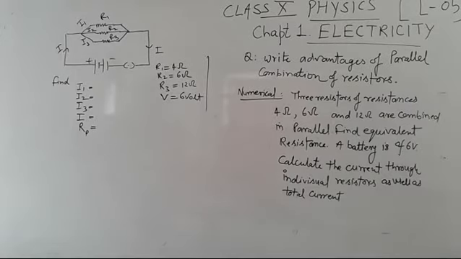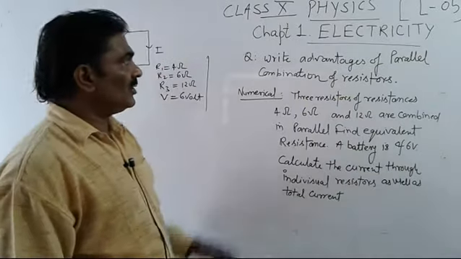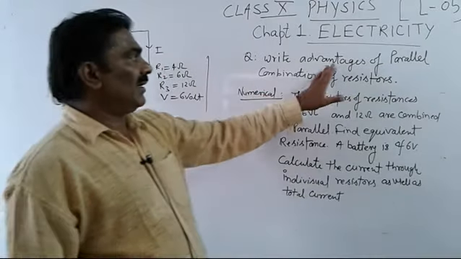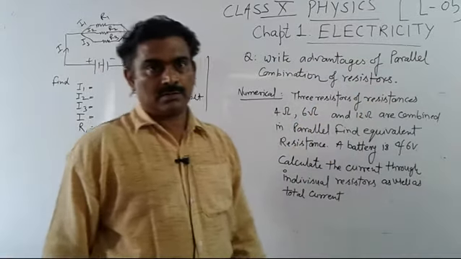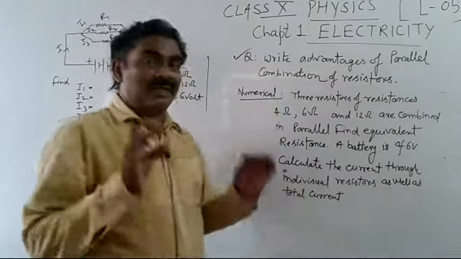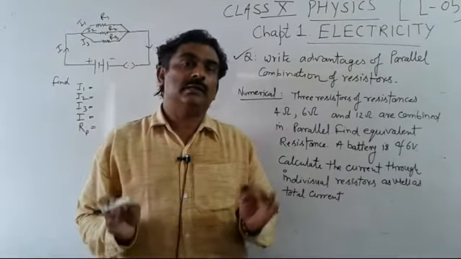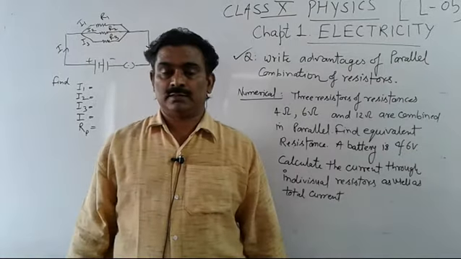So students, here there is a question. Write advantages of parallel combination of resistors. This is homework for you. Students, you will write advantages and disadvantages of parallel combination of resistances.